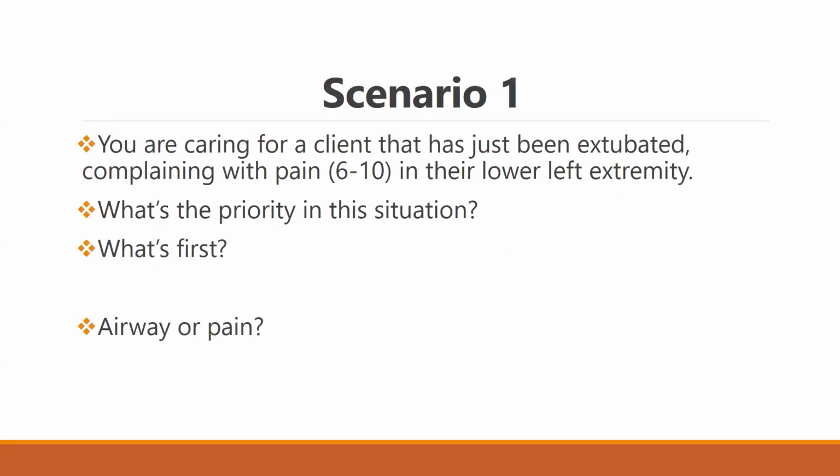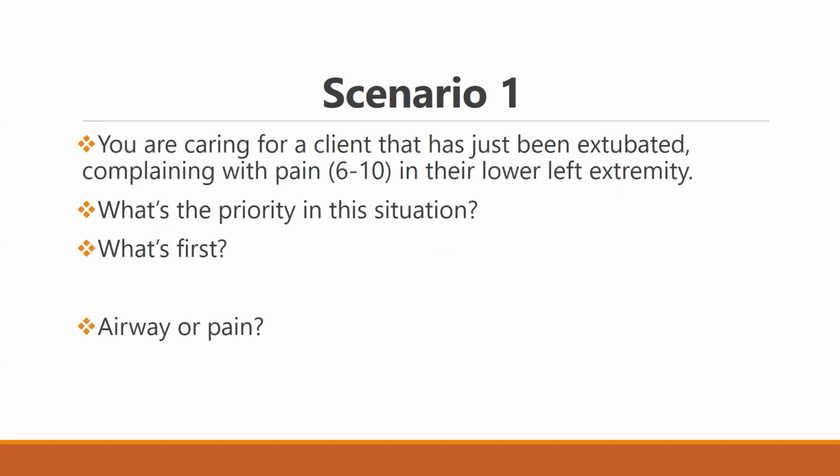So let's skip to a scenario. You're caring for a client that's just been extubated. That means the endotracheal tube has been taken out of their throat and off the ventilator. They're complaining of pain, 6/10, in their lower left extremity. What's going on? What are you thinking?